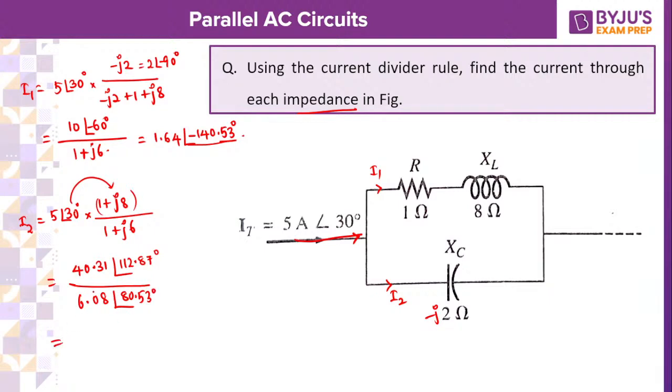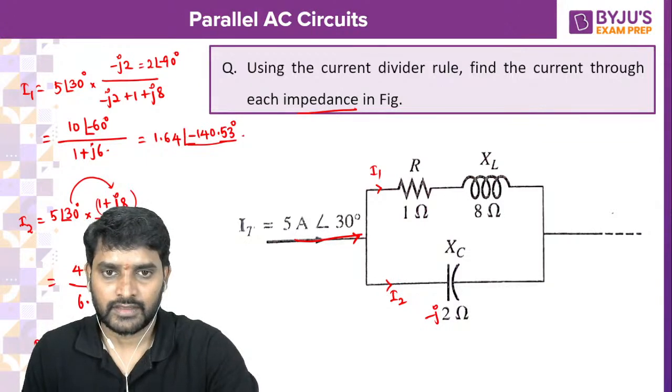So 40.31 divided by 6.08 will be 6.62, and the angle you are going to get is 112.87 minus 80.53, 32.34. So these are the currents you are going to get.